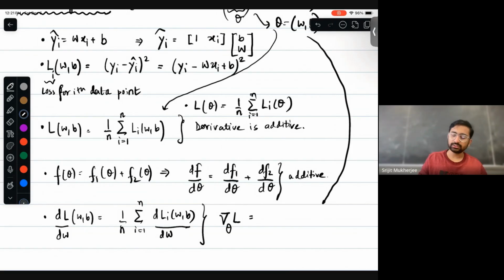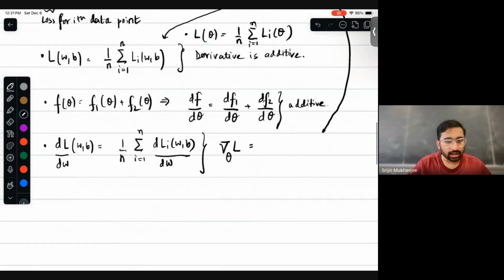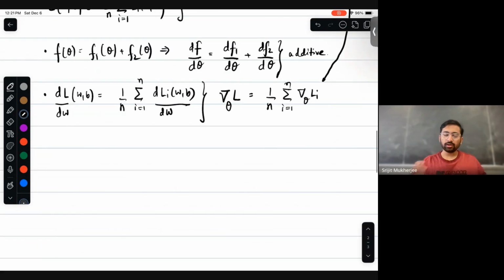I just replaced w comma b with theta. So del L by del theta, the derivative of the loss at theta, is nothing but 1 by n summation of del Li by del theta.